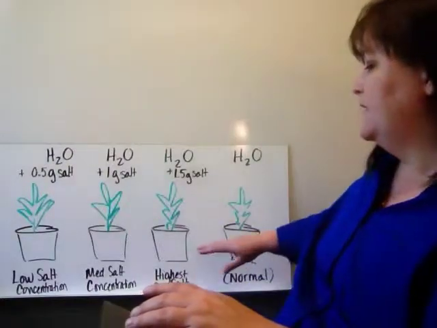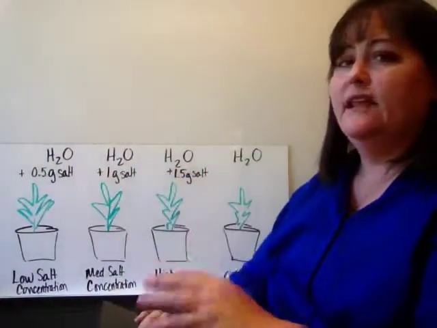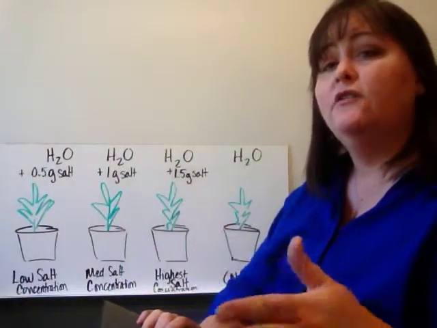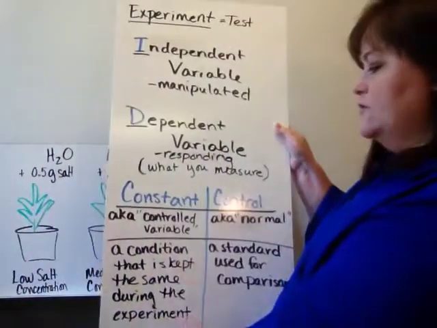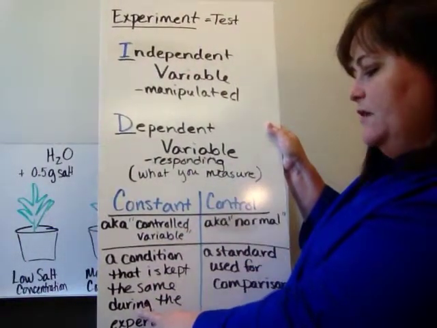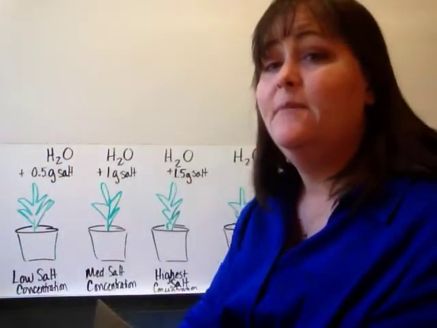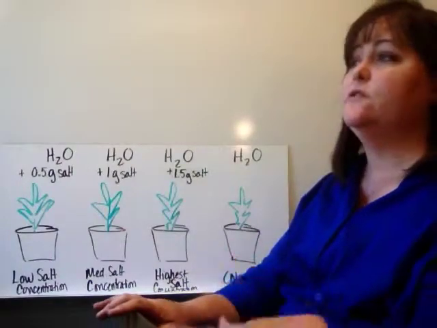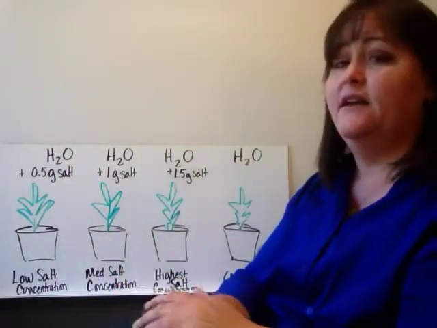Everything needs to be the same. Those are called constants. Remember what we call constants? They're the controlled variable or constant, and they're kept the same during the experiment. So all the plants get the same amount of water, sunlight, the same type of soil, the same size pot. They start the same size.